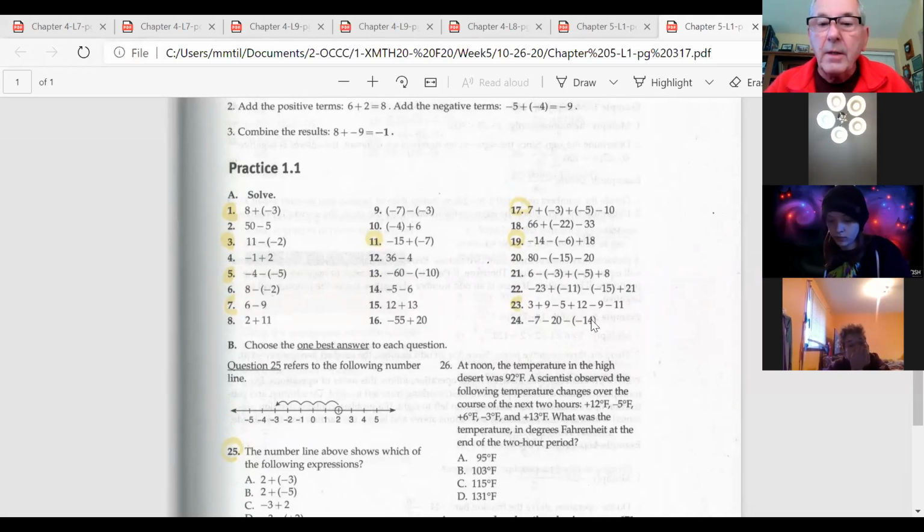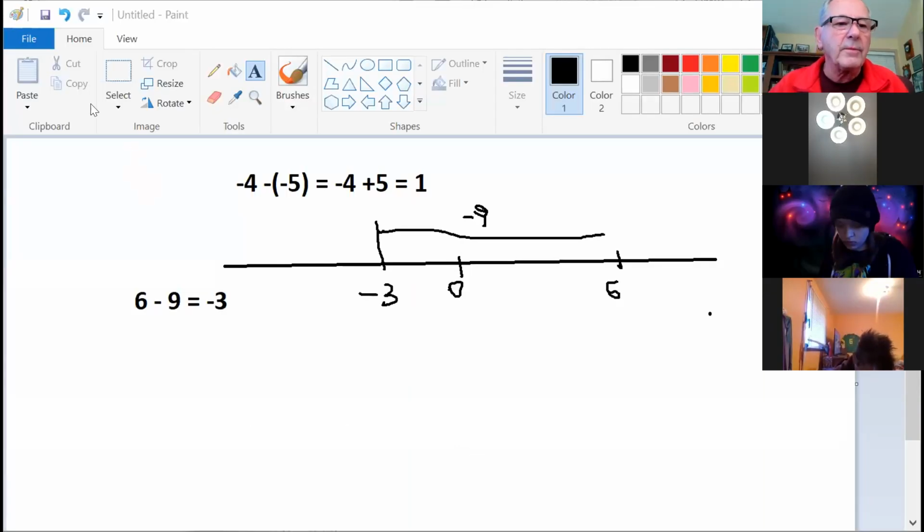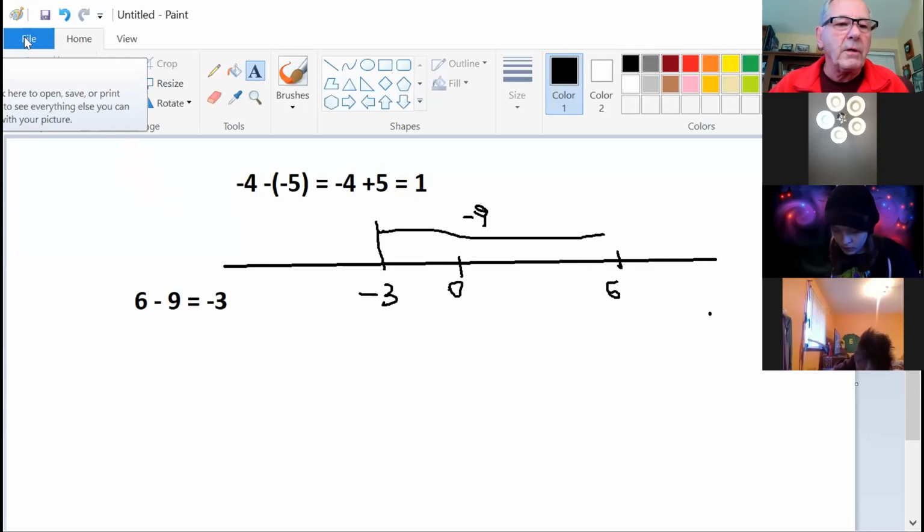I'm looking at number 22, which is -23 plus a -11 minus a -15 plus 21. Looks pretty scary, but we just break it down and I'll show you what I mean. This is how I'd like to approach these things. You don't have to do them all on a number line. I don't want you doing it on a number line. It's too messy.